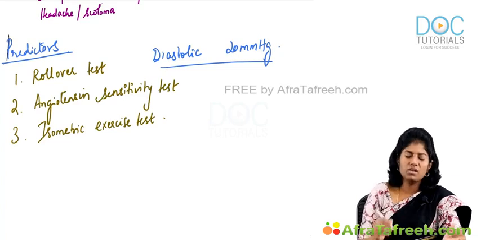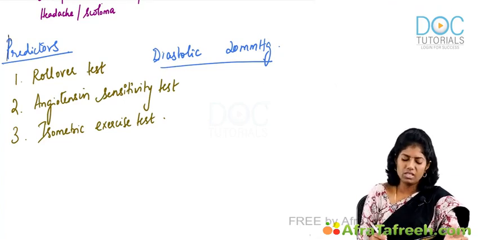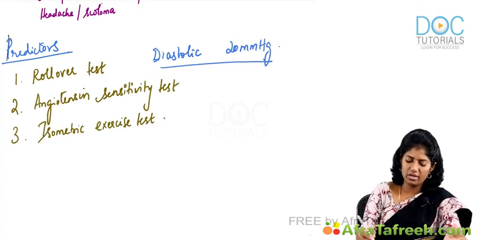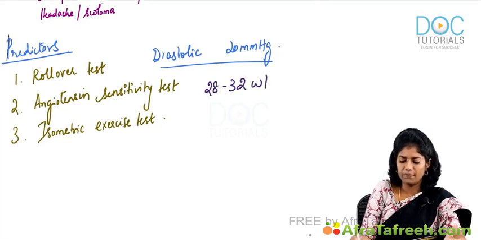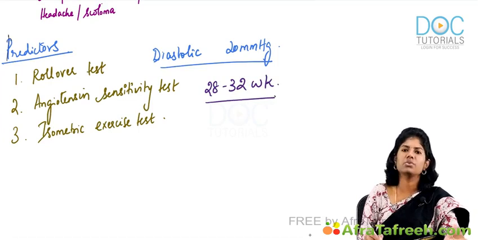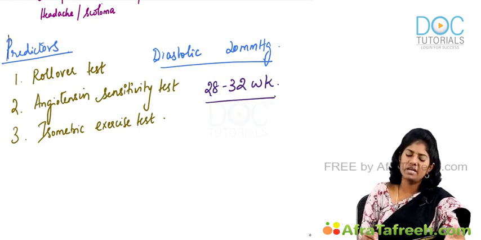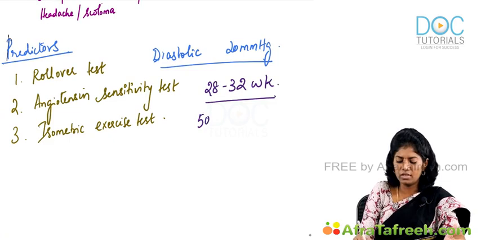Now, what is the ideal gestational age to do these tests, roll over, angiotensin sensitivity and isometric exercise test? It is 28 to 32 weeks, and they were able to predict preeclampsia with a reasonable sensitivity of 50 to 75%.